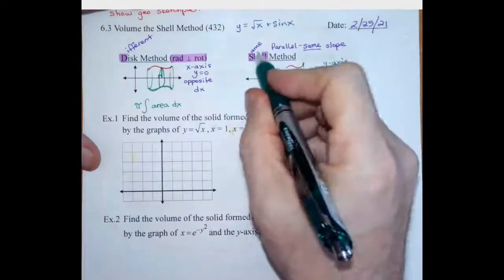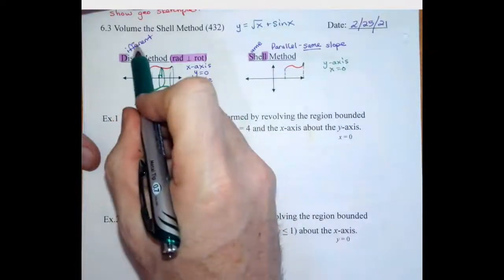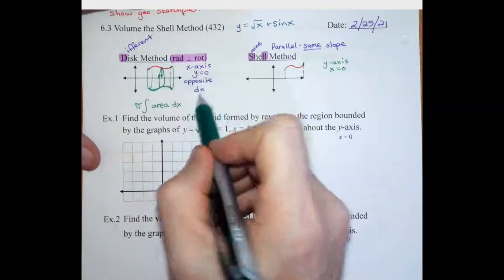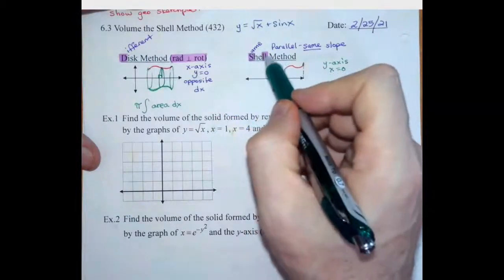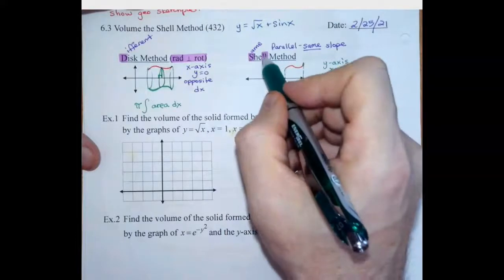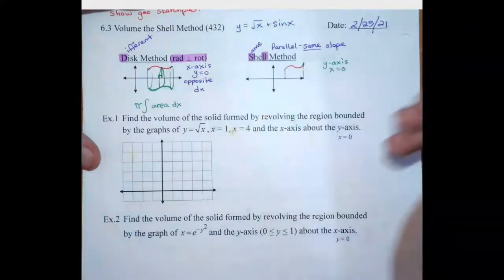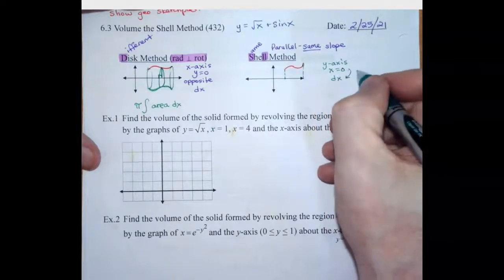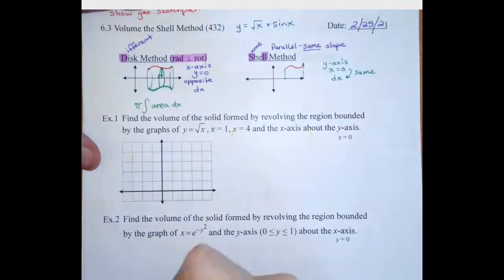But for the shells, you can remember D for different, X opposite of this, and shells the same. Parallel lines, parallel means same slope, shell method. I just think those two L's remind me of parallel, so that's why I did that. So here it stays the same, not the opposite.